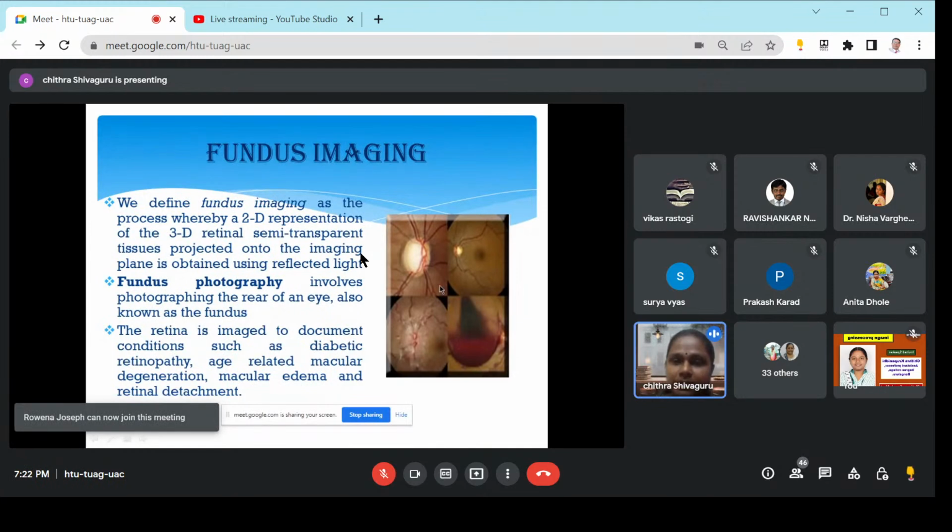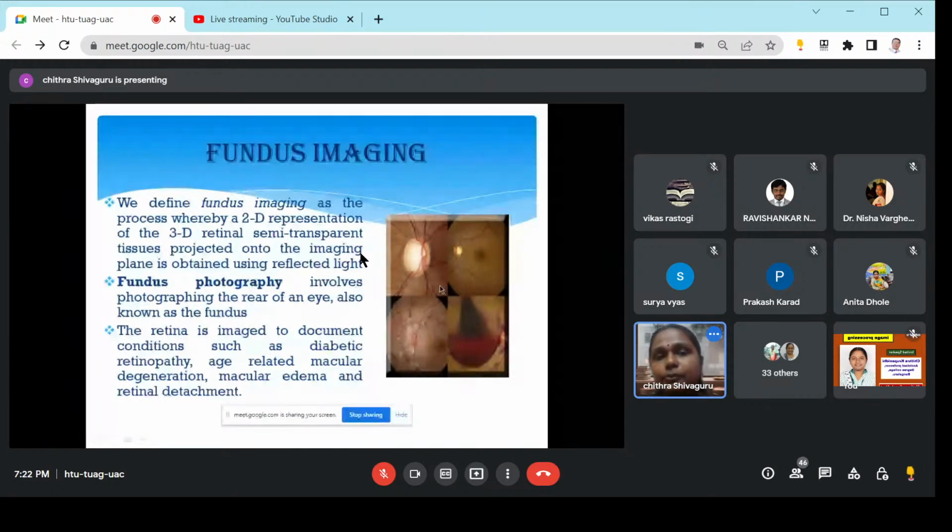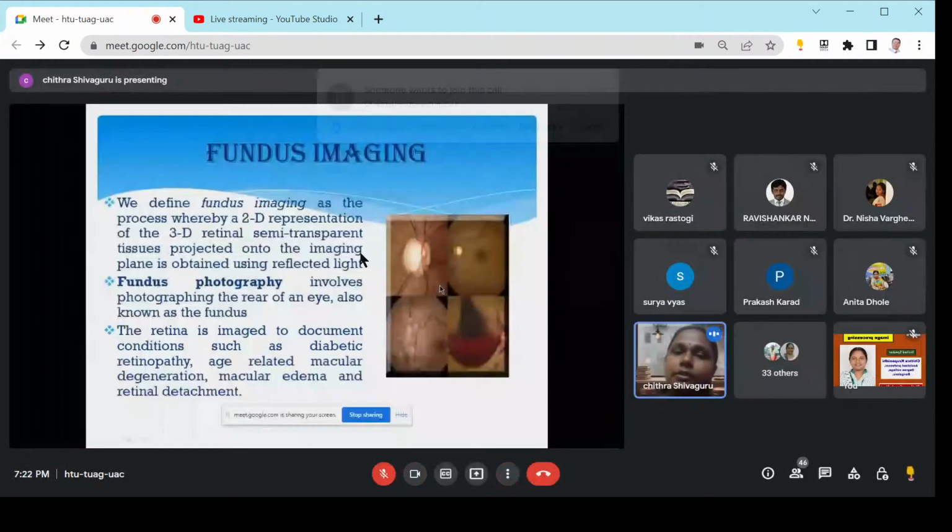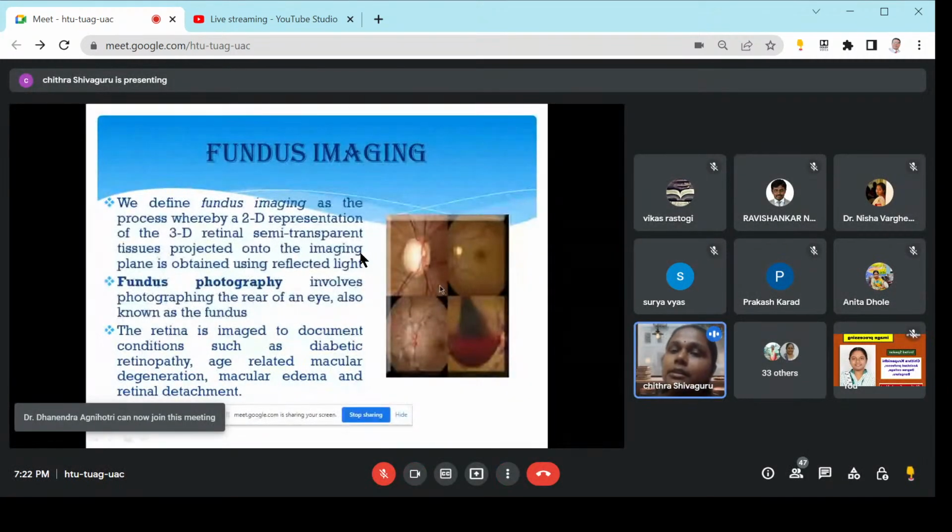It is called fundus imaging, used to detect whether the patient is affected by diabetic retinopathy or not, and also for age-related macular degeneration and macular edema. Fundus imaging is especially helpful for identifying diabetic retinopathy, diagnosed by the doctors.